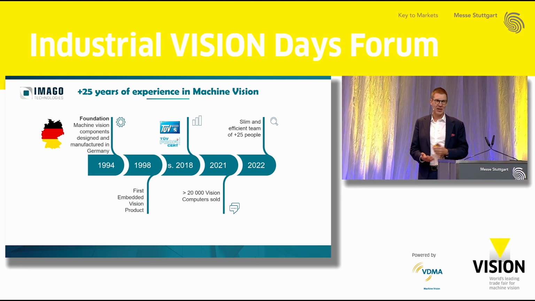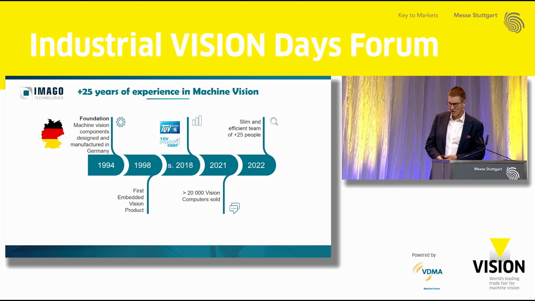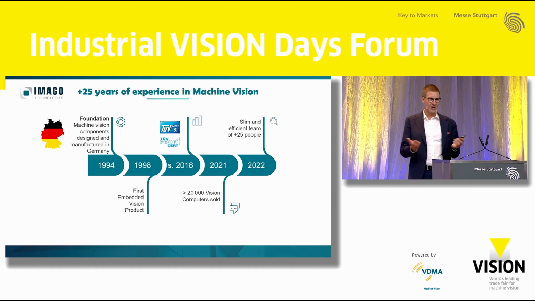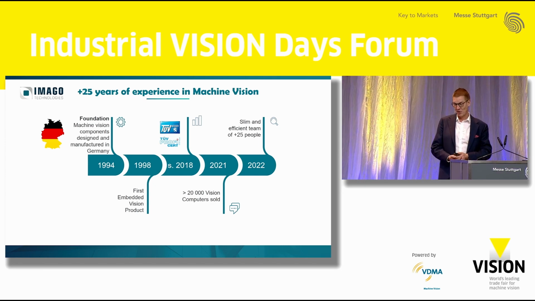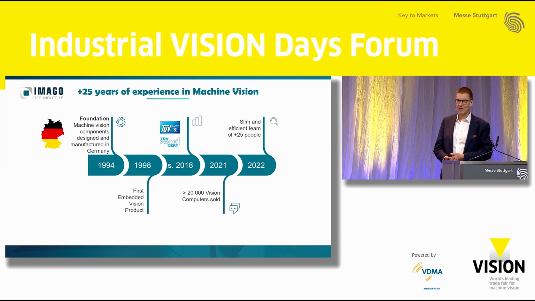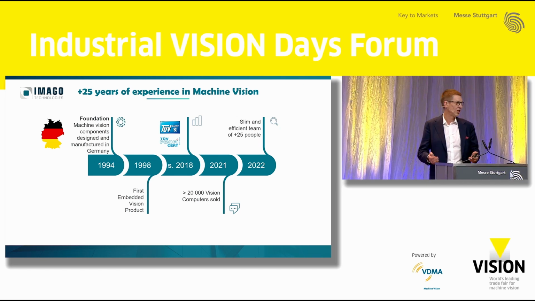At that time, we were working as a system integrator for machine vision. In 1998, we introduced at the Vision Show here in Stuttgart our first embedded vision computer specialized for machine vision. In the meantime, it's a big family of vision computers and smart cameras, and more than 20,000 of these vision boxes are working in machines worldwide.